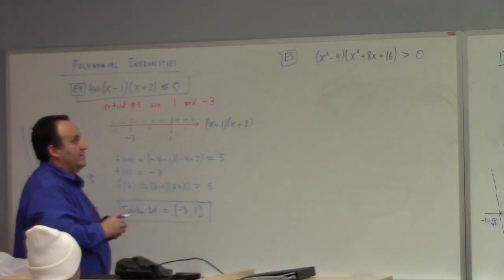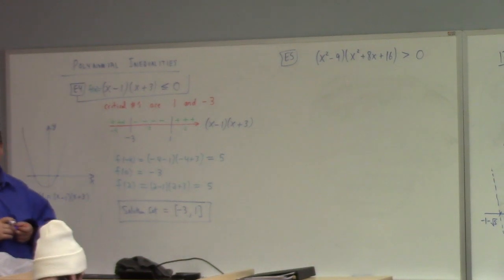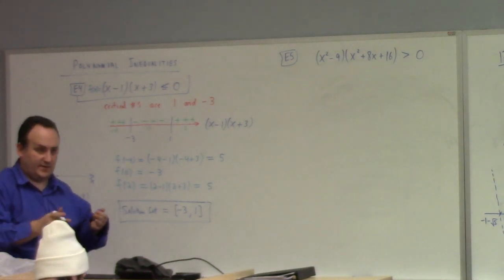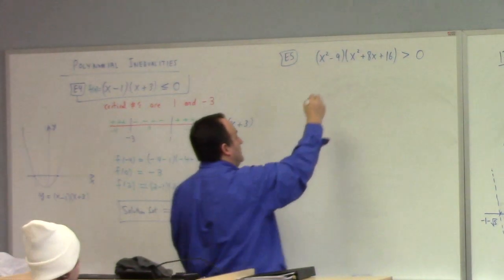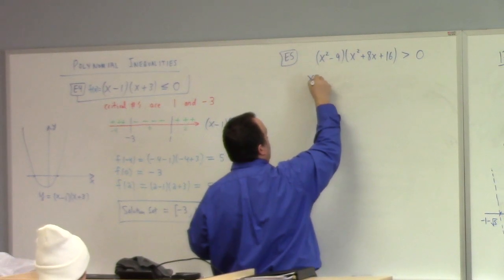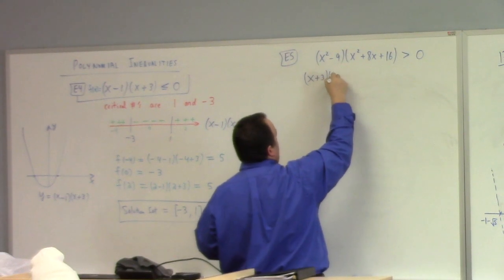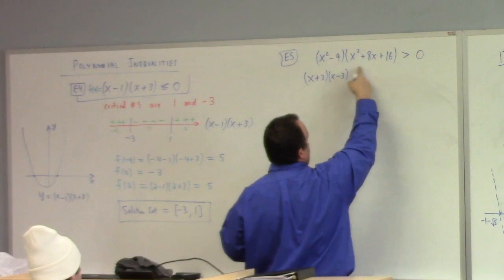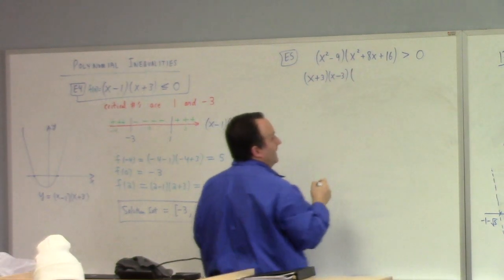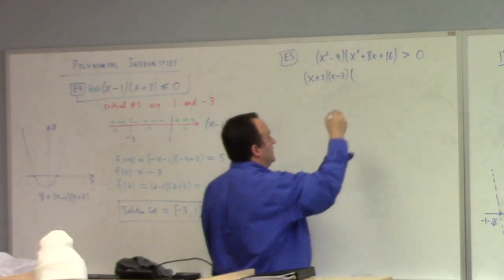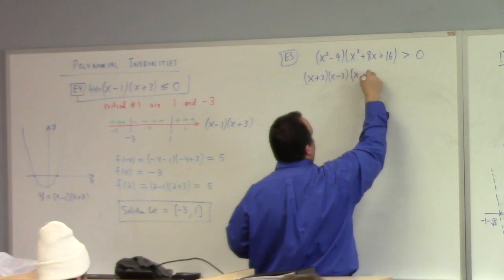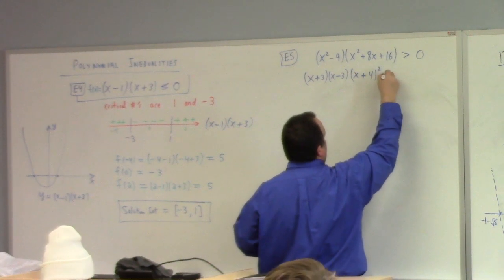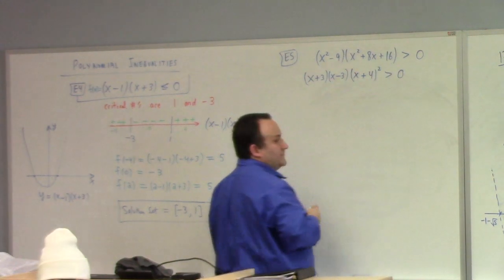So in order to solve a problem like this, the first thing you need to do is to have it factored, all right? So we're going to factor this thing. Factoring, I get x plus 3, x minus 3, times x plus 4 quantity squared. Very good. And we're trying to solve that it's greater than 0.